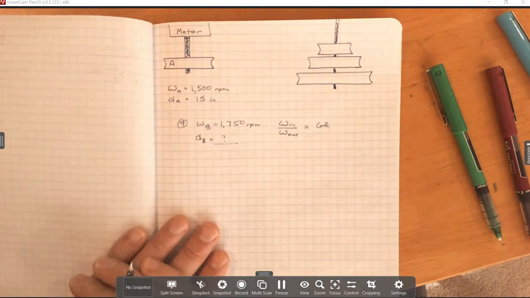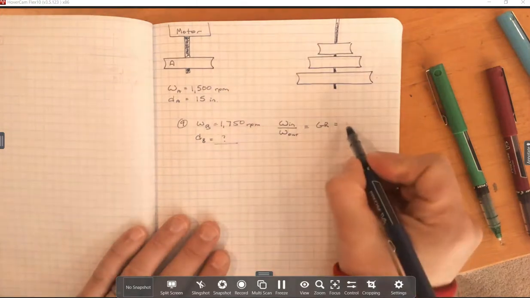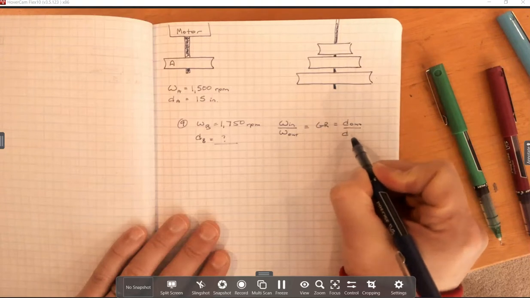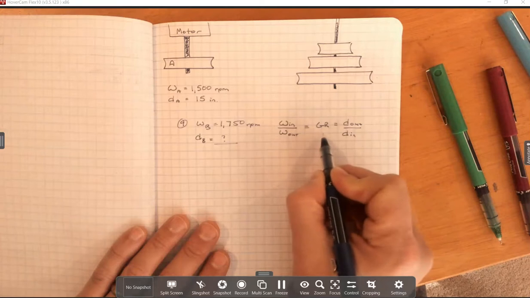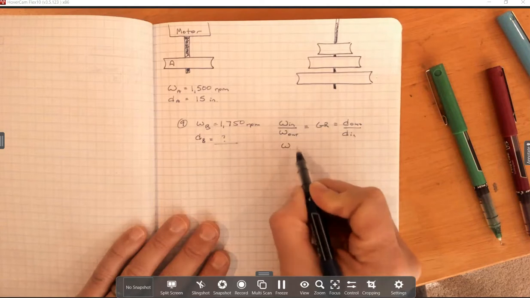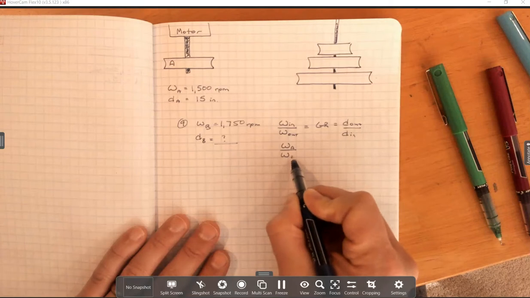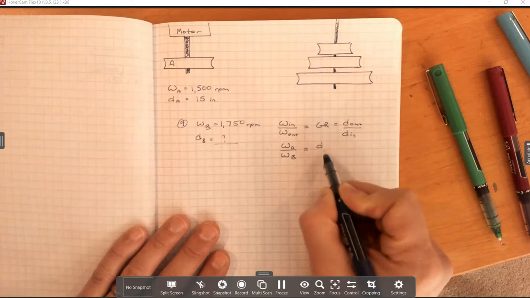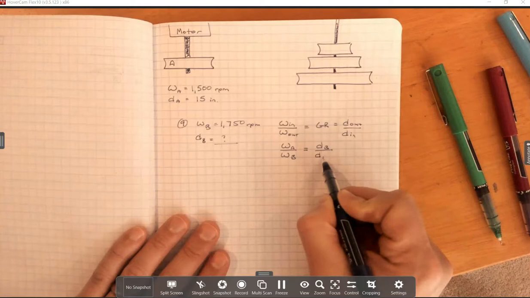Another way to get the gear ratio would be to compare the diameters of these pulleys, and with diameters, it's out over in. So both of these ratios are supposed to be equal to the same gear ratio. So we'll just set them equal. The angular velocity of the driver, A, divided by the angular velocity of the output, which is B in this case, is equal to the diameter of the output pulley, diameter B, over the input, which is A.